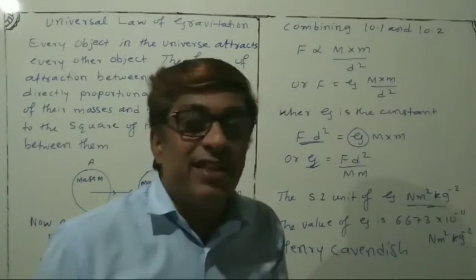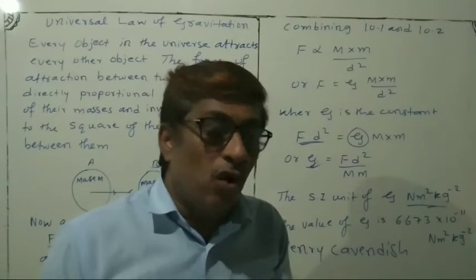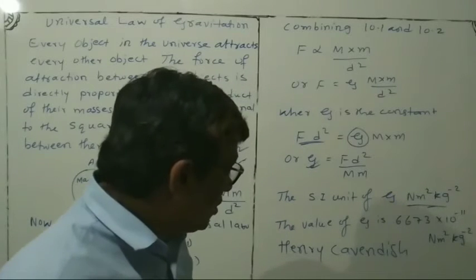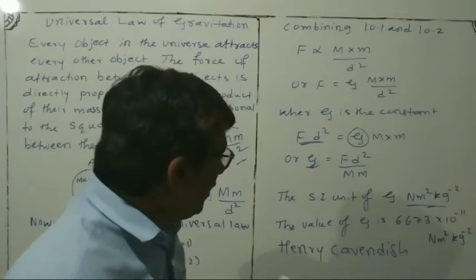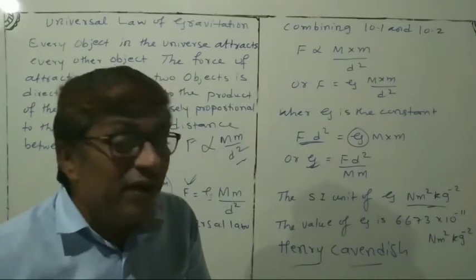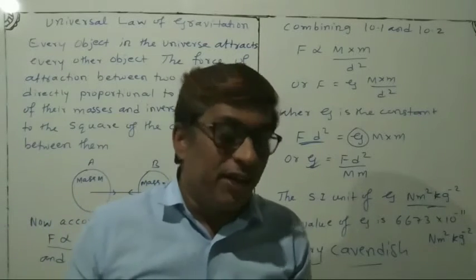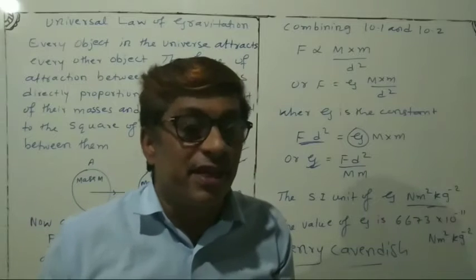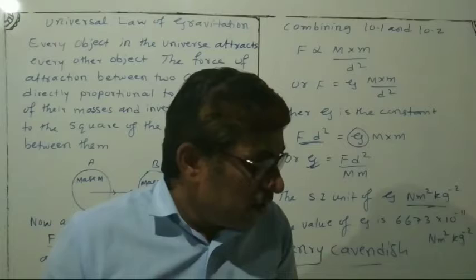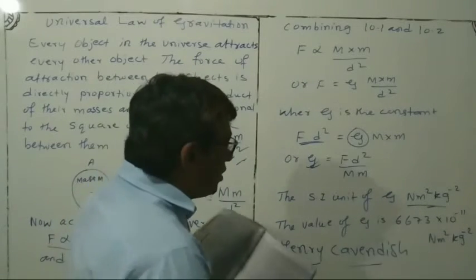By using a sensitive balance, he found the value of G. The accepted value of G is what?